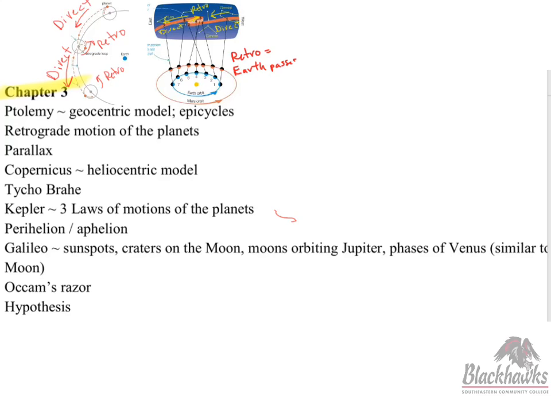So retrograde motion is explained here by putting the sun at the center of our solar system, having the planets orbit the sun, and having the Earth in this case go faster in its orbit relative to Mars. And so when it overtakes it, Mars appears to go backwards against the background stars.